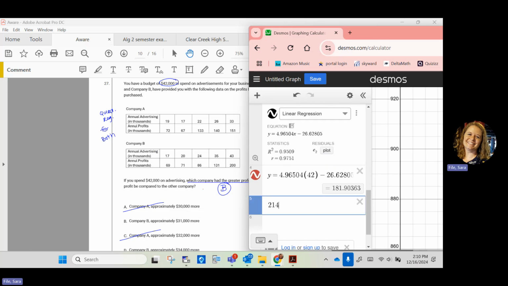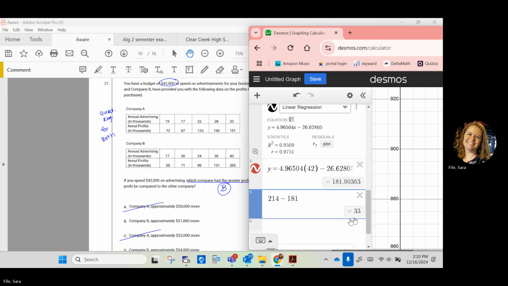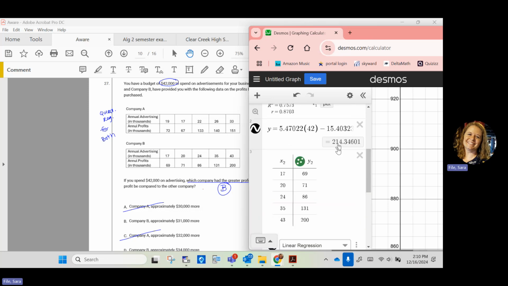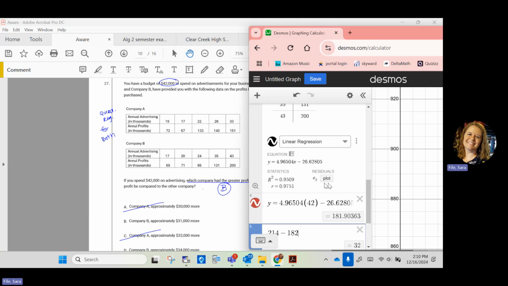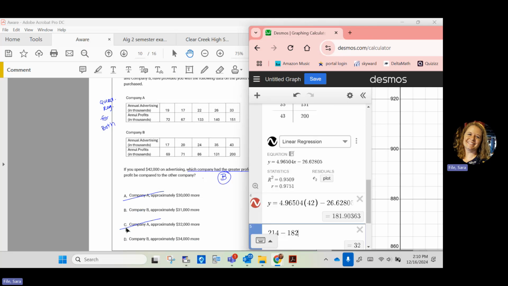And you can see the difference in 214 and 181 is, well, that one's closer to 182. So let's type in 182. It's about a $32,000 difference, and company A was higher. So running this as linear regression, you actually get answer choice C as the correct answer.